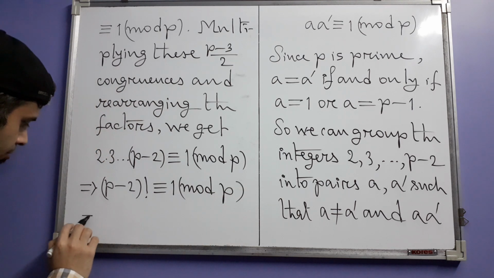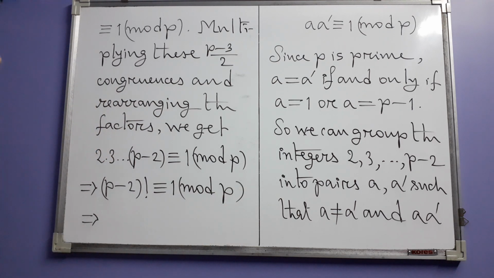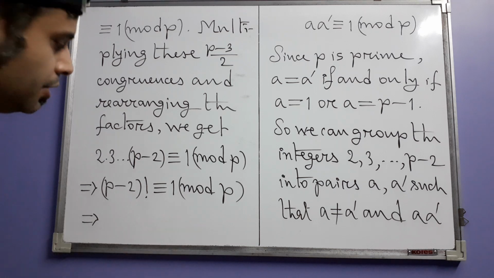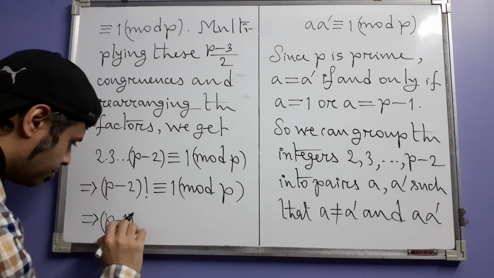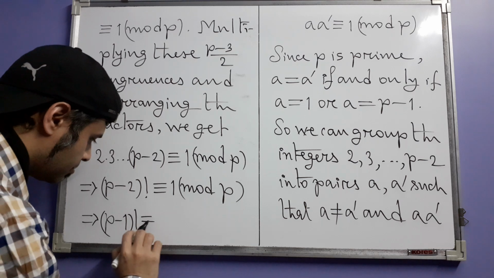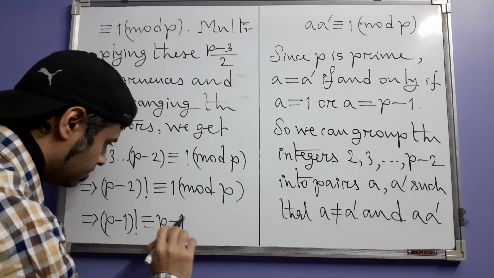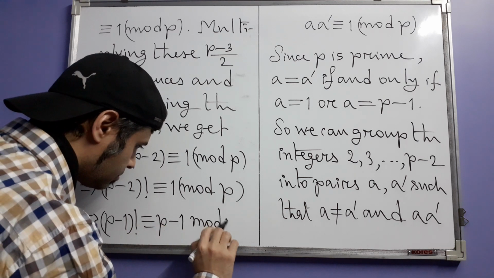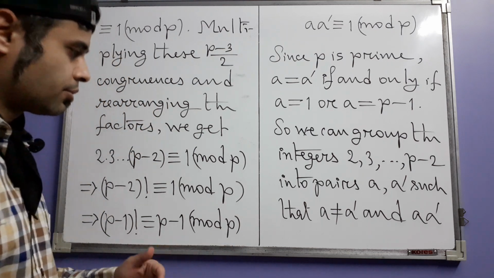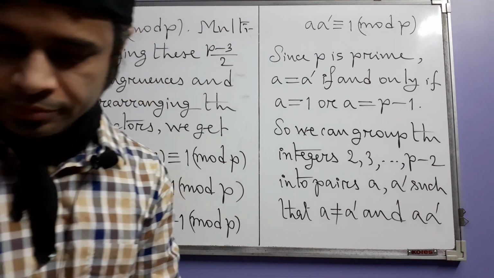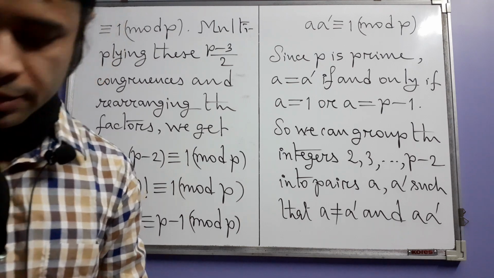Now, what you can do, you can multiply both sides of this congruence by P minus 1. So, that way the left hand side will become P minus 1 factorial and the right hand side will be P minus 1. However, P minus 1 itself is congruent to minus 1 mod P. So, that is how we get our result.